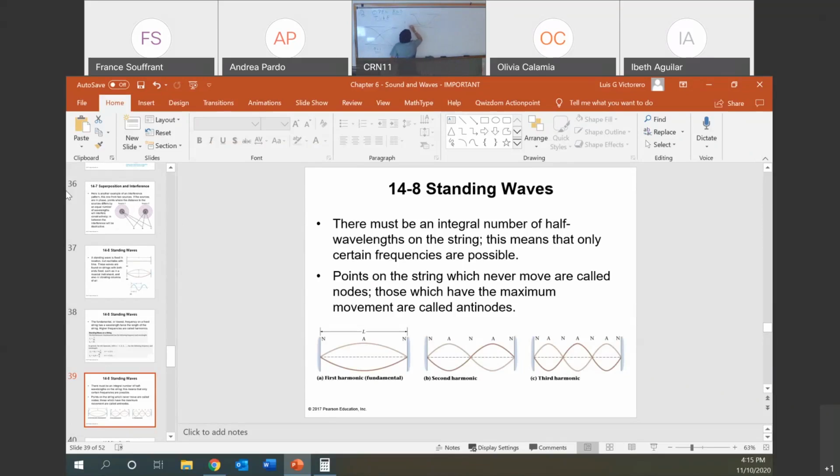There and there. Okay. It all has to do with the number of nodes.